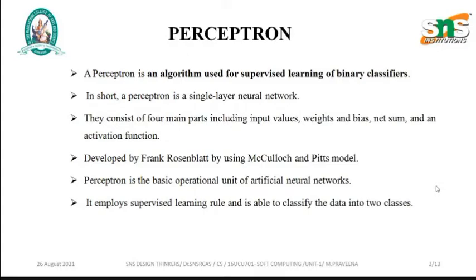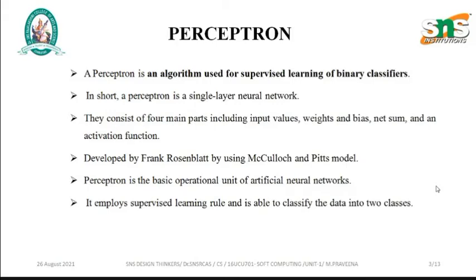Next, this perceptron consists of four main parts. They are input values, weights and bias, net sum, and activation function. These are the main parts in the perceptron. It was developed by Frank Rosenblatt using the McCulloch and Pitts model. So what is the main function?